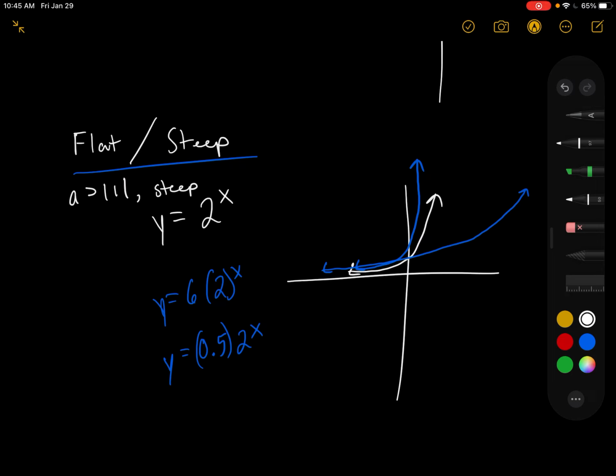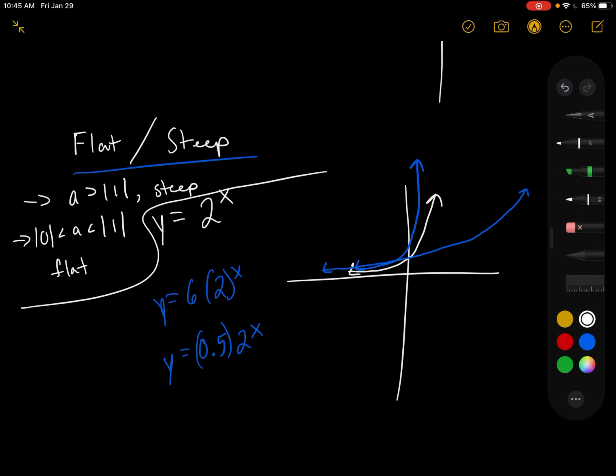And if the absolute value is between 0 and 1, which basically just means it's a decimal, it's less than 1, but it's bigger than 0 still, we're going to say it gets flat. So these are the two rules that we have here for how our functions work.